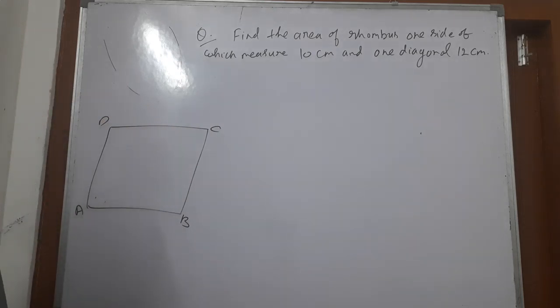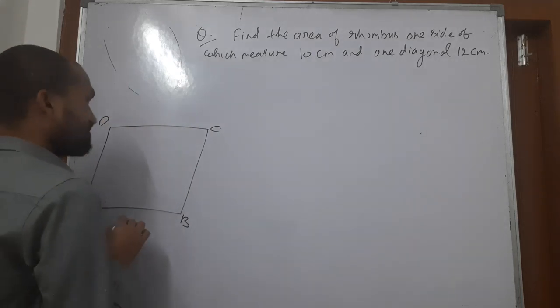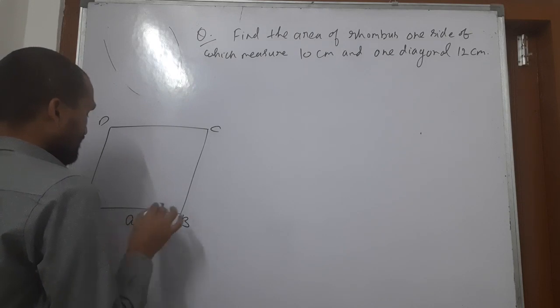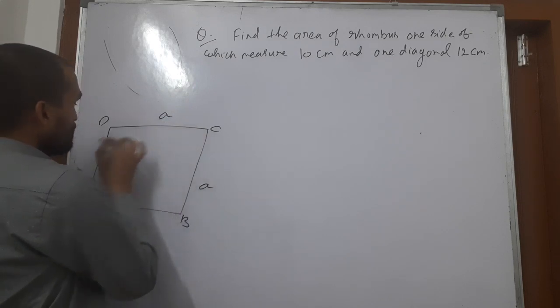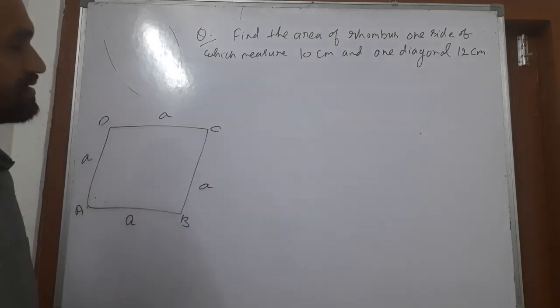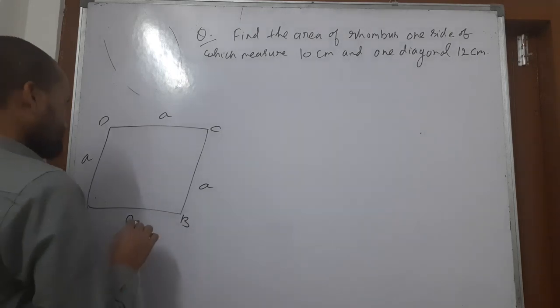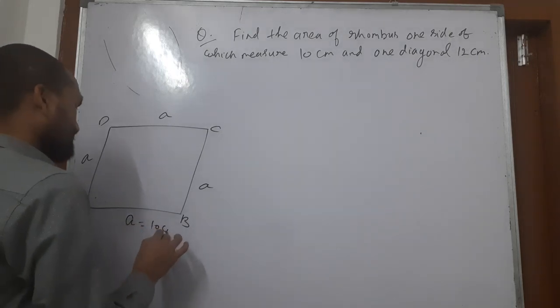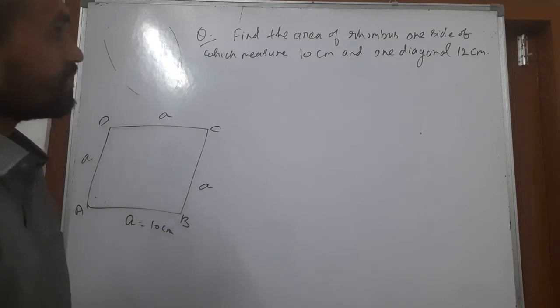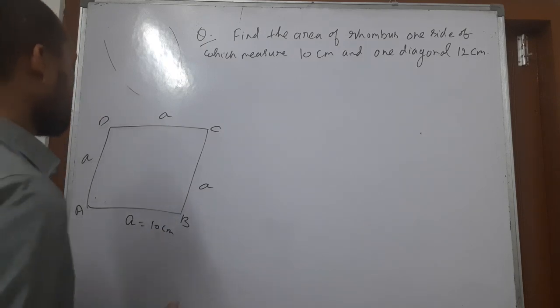Since this is a rhombus, the lengths of all sides will be equal. One side measures 10 centimeter, so indicate this here. And one diagonal is 12 centimeter.